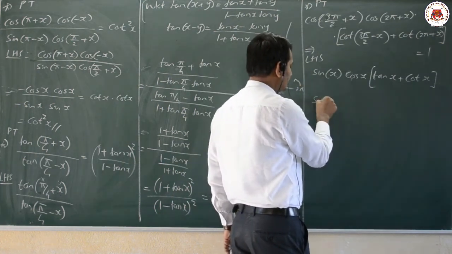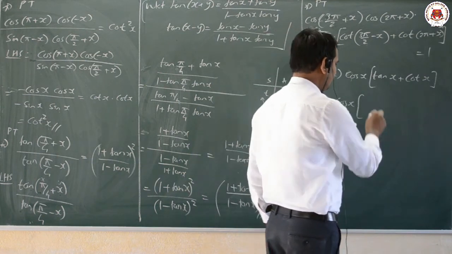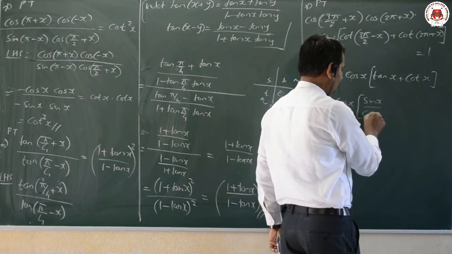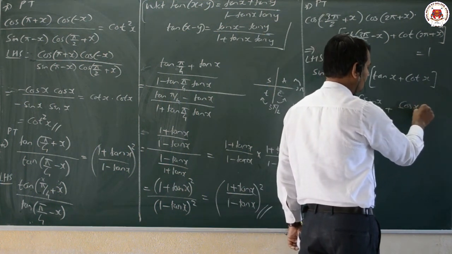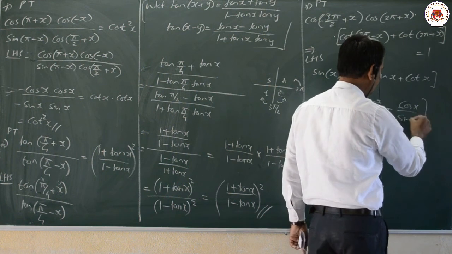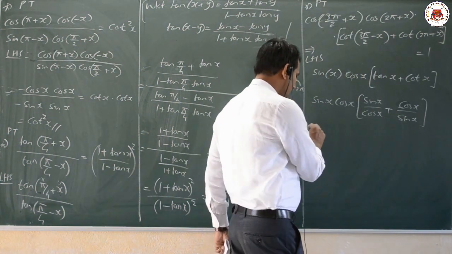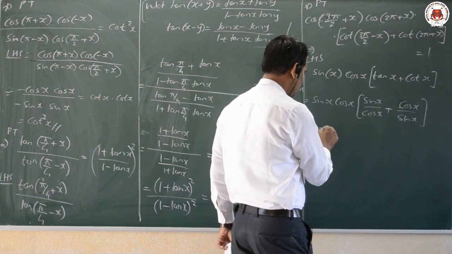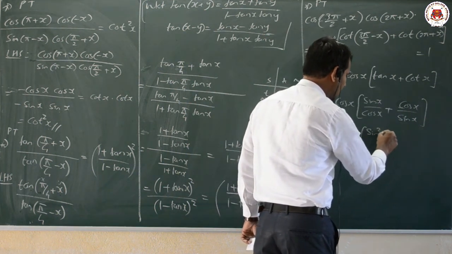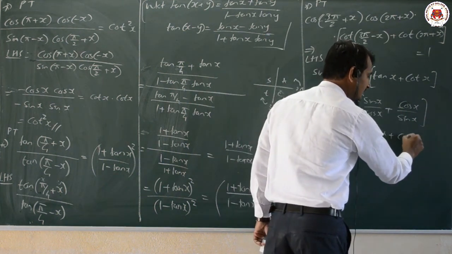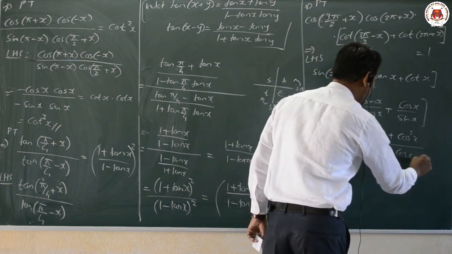Now, the problem is very simple, that is sin x into cos x into tan x plus cot x. Here tan I can write as sin x divided by cos x, plus cot x I can write as cos x divided by sin x. Now I will take the LCM. So we get sin x into cos x, times sin into sin, that is sin square x, plus cos into cos, that is cos square x, whole divided by sin x into cos x.